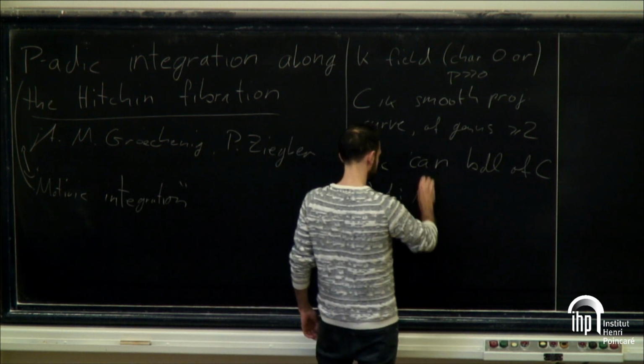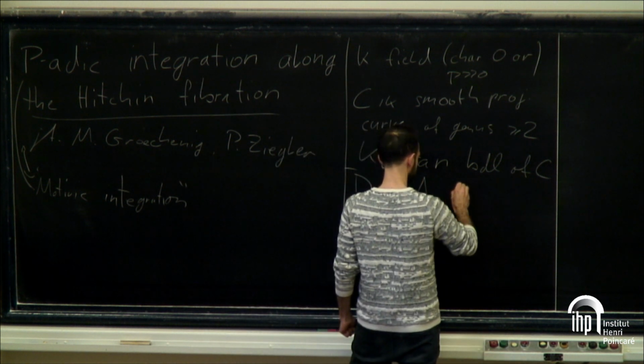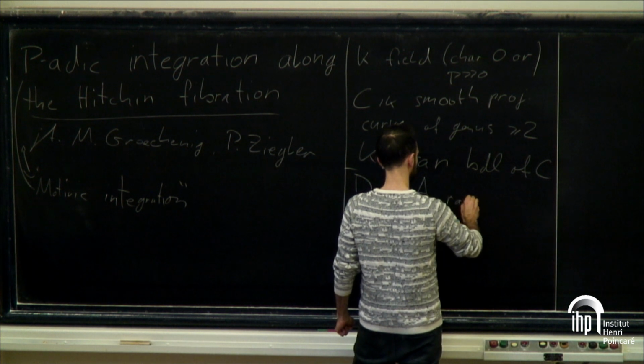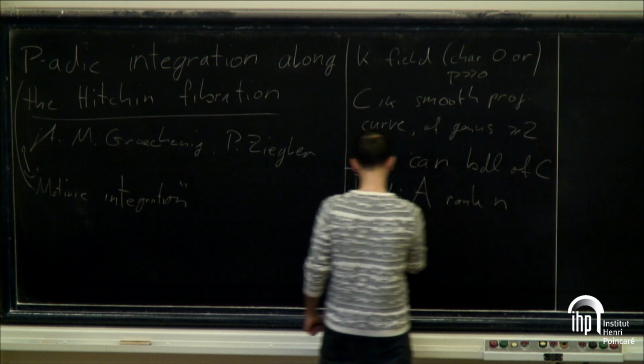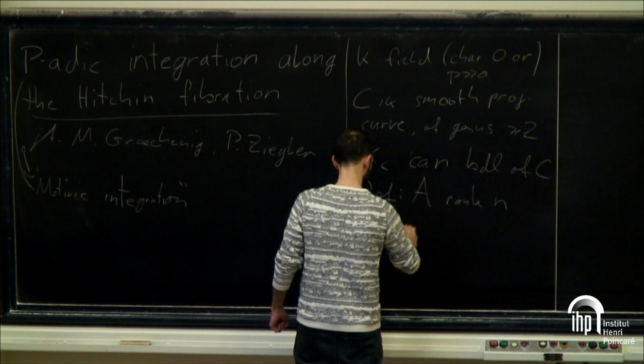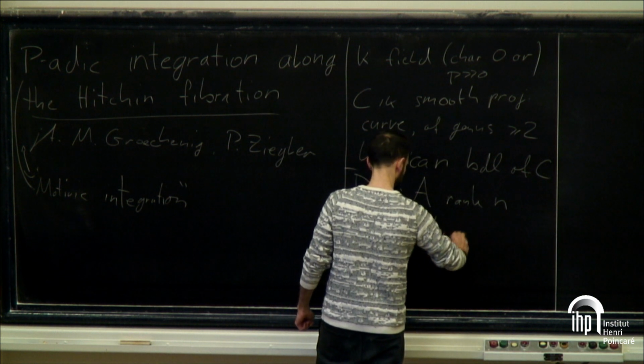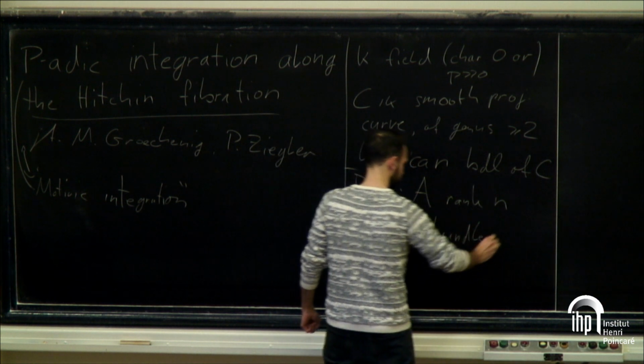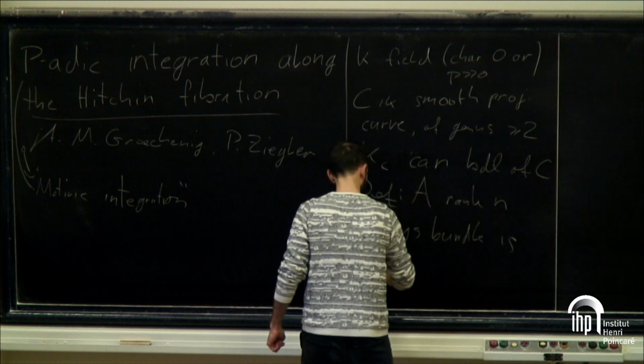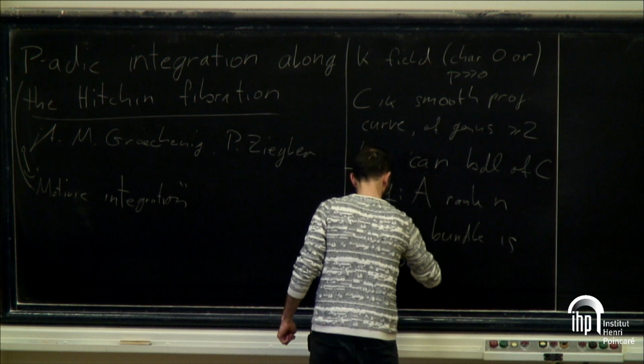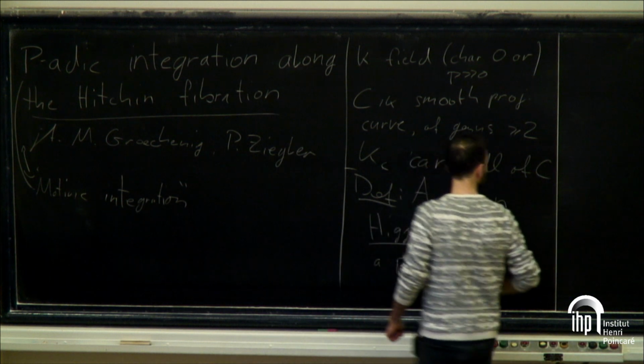So a Higgs bundle, or maybe a rank n Higgs bundle, is a pair. That's the definition.